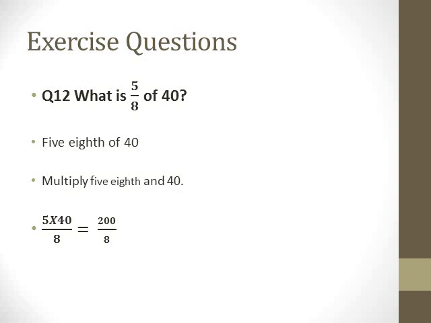So just multiply 5 into 4, 5 1 is 5, 5 2 is 10, 5 3 is 15, and 5 4 is 20. So 5 4 is 20, so I write 20 here, and there was one 0 in 40, so I put this 0 next to 20, so it's 200.